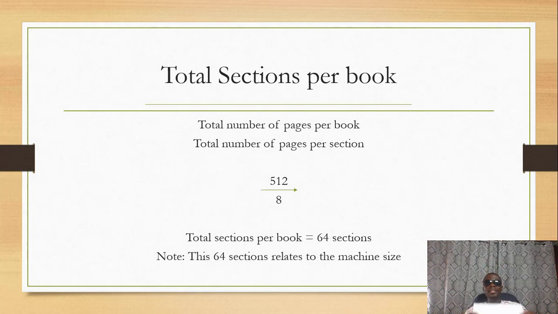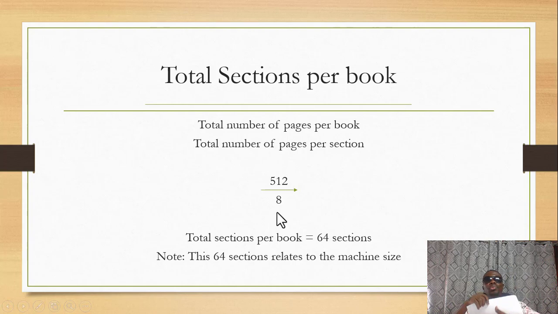To get the total sections per book is the total number of pages in a book divided by the total number of pages per section. In this instance, the total number of pages per book as given by the customer is 512, and the total number of pages per section is 8 pages.